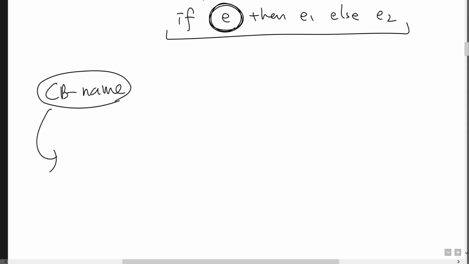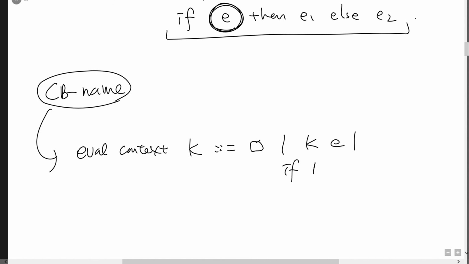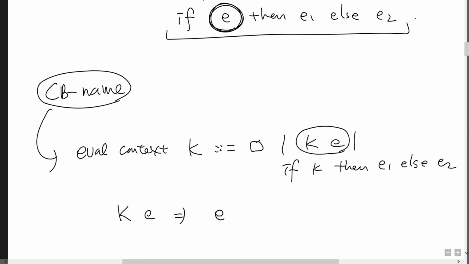From call by name reduction strategy, we can obtain a unique definition of evaluation context, which is hole or kappa E, and that's all. Or if kappa, then E1 else E2. So if you are currently looking at this evaluation context kappa E, that means that you have an expression, for example, E prime E, and you are currently trying to find the red x somewhere inside expression E prime.